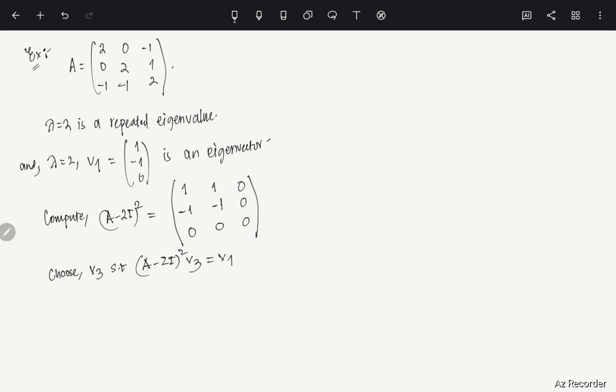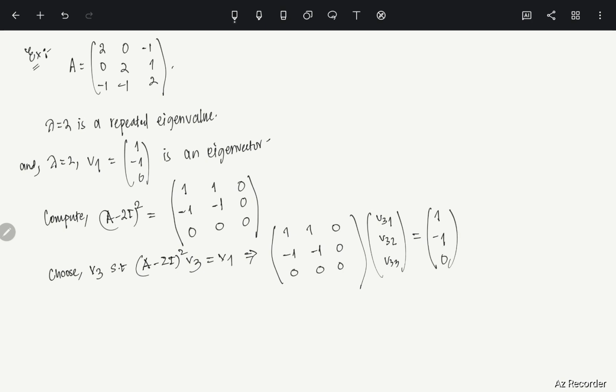Now if you calculate this, essentially 1 1 0, minus 1 minus 1 0, 0 0 0, times v3, with v31, v32, v33 being the 3 components of v3, should give you v1. What is v1? This is our target. I want to reach v1 using (A minus 2I) squared. These are called generalized eigenvectors.